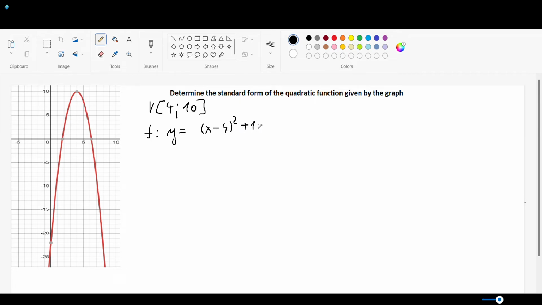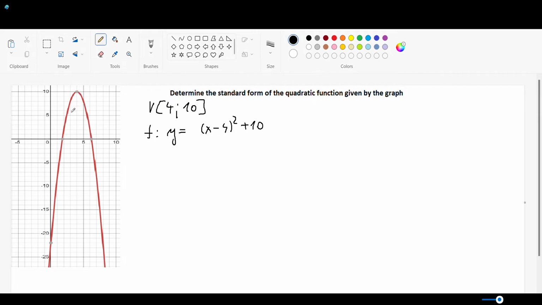We already know that x take away 4 means that our parent function is moved 4 points to the right, and plus 10 means that our vertex is moved 10 points up. So this would basically be any parabola which goes through the vertex with coordinates 4 and 10.